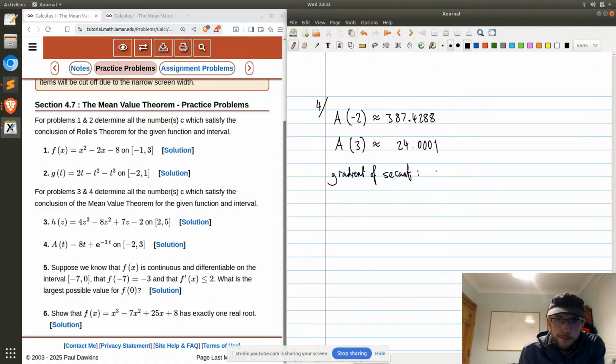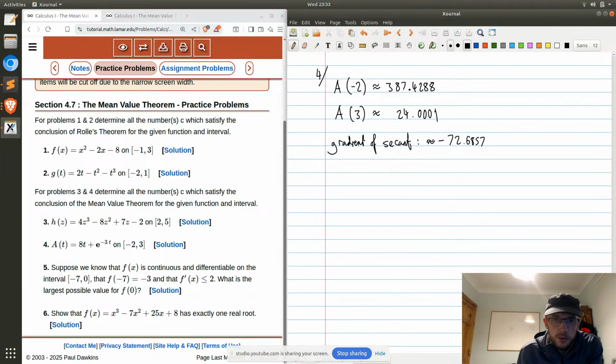Yes, it does. Good enough. Derivative, please. A prime of t equals 8. That's true. Minus 3e to the minus 3t.